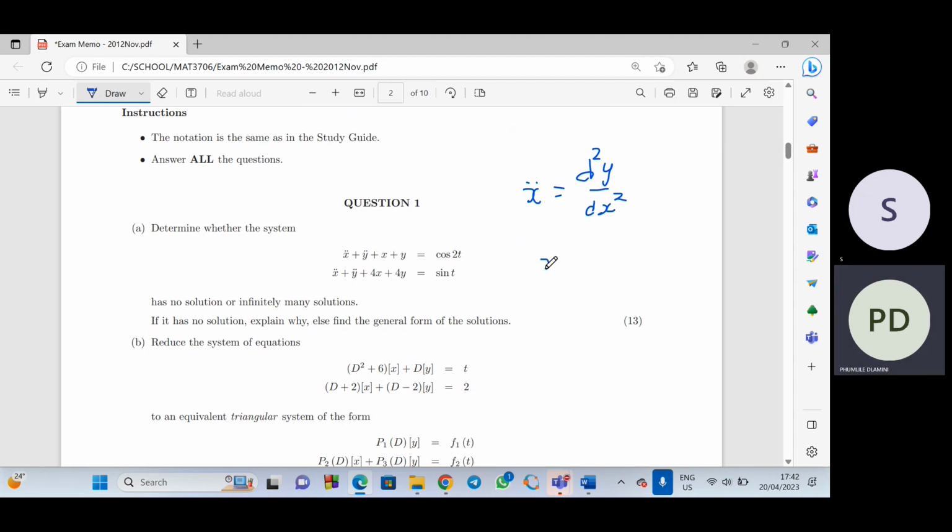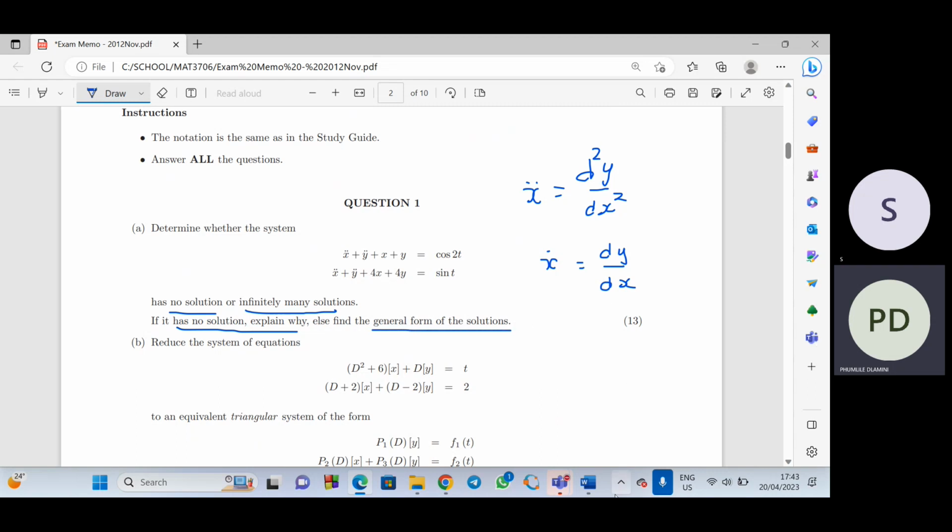If it's only one dot, like x dot, this is the same as dy over dx. So now, when we have this equation, we have to know if it has no solutions or infinitely many solutions. If it has no solution, we have to explain why, and if it has solutions, we have to find the general formula.